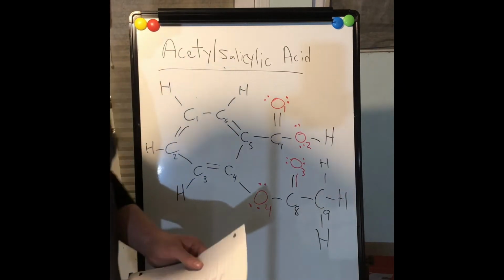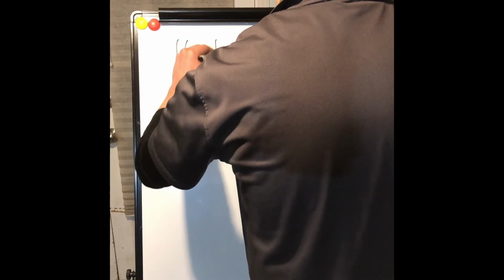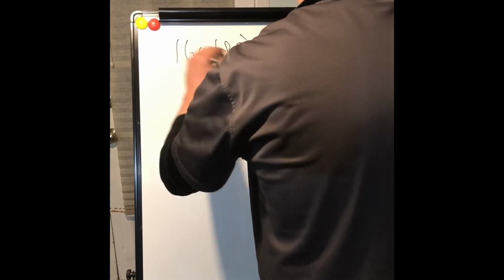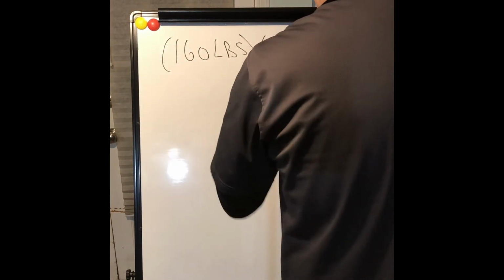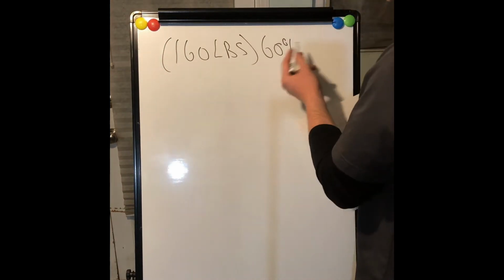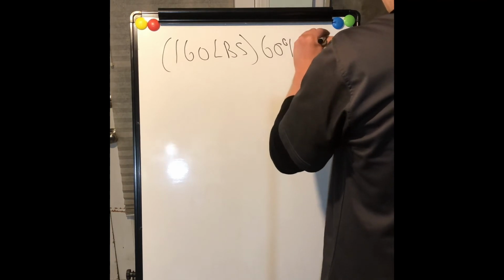So we have 160 pounds, and we're taking 60% of that, so we can multiply by 0.6, or 3/5, but at the end we get 96 pounds.